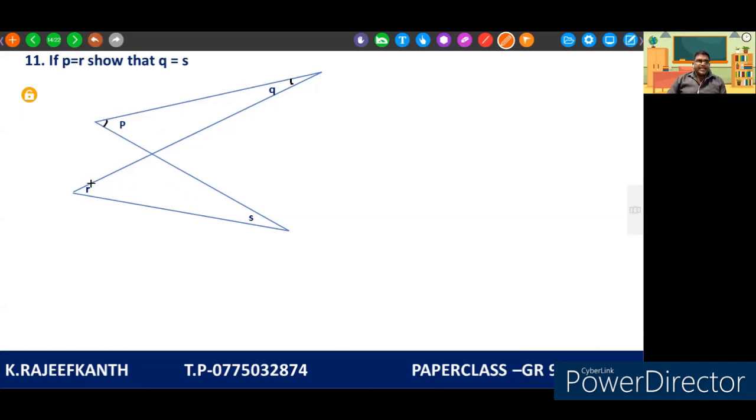In the second triangle here they have marked R and S. So now we have to prove that Q equals S. Here, this is P, this one is Q. Here I am marking this angle as X. Now we can write P plus Q plus X is equal to 180, because we know that the sum of interior angles of a triangle is 180, isn't it? Here P plus Q plus X is equal to 180.